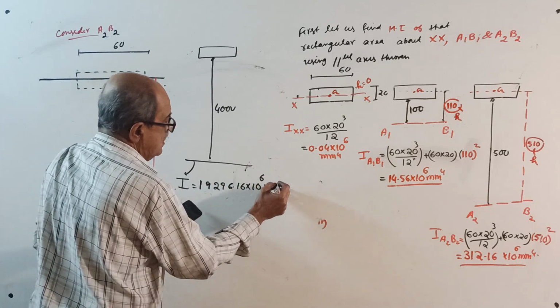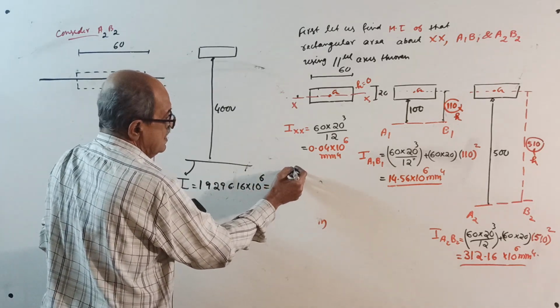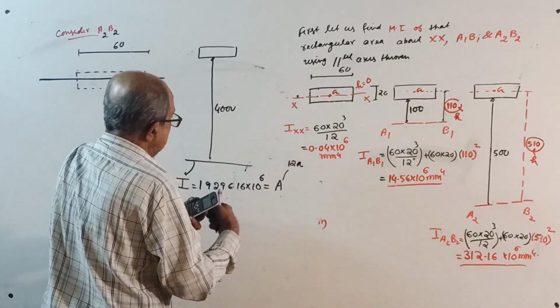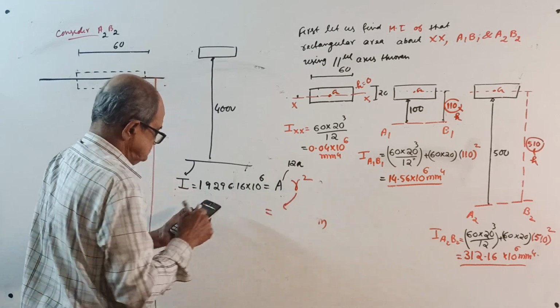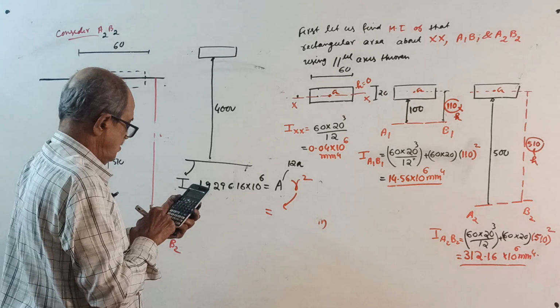This will be equal to the area, how much? Area of 1200 into r square. The r will come as the root of the answer divided by 1200.